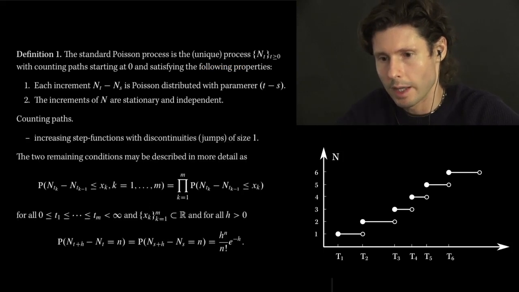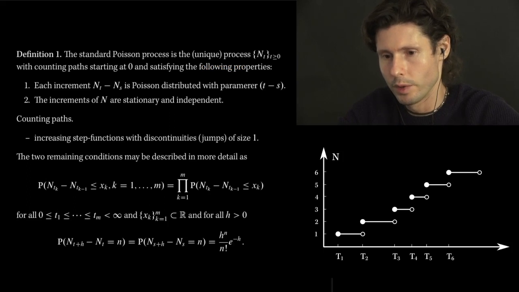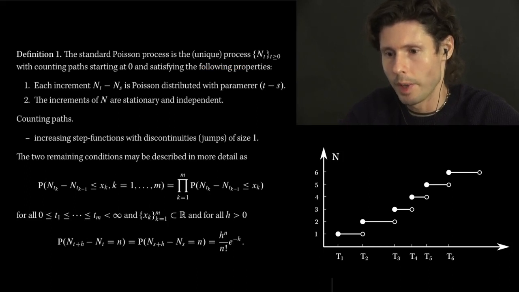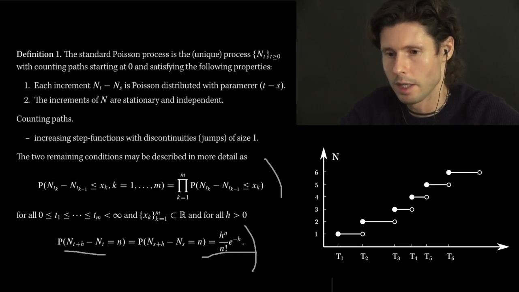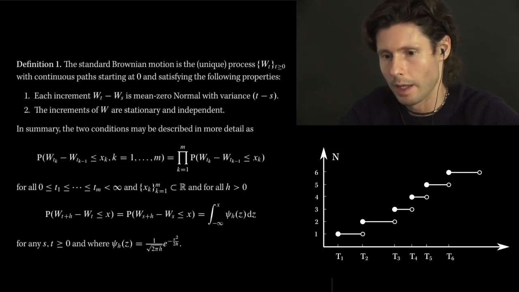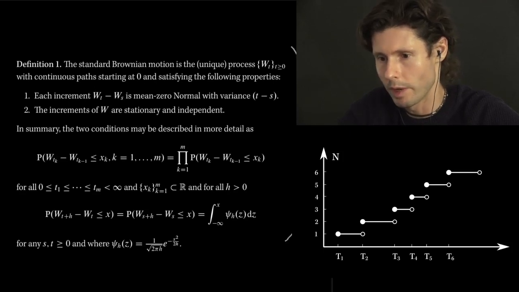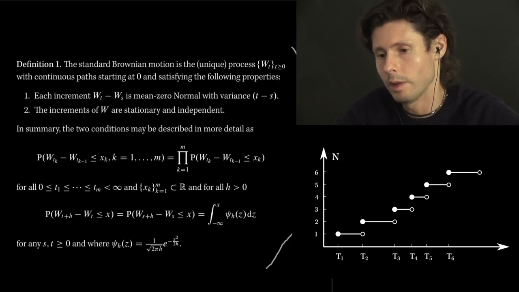Okay, so we're back at the definition here. This is just a review again. Independent increments, stationary increments, and increments that are Poisson distributed with the parameter determined by the length of the increment. And what I want to bring up here is that this looks remarkably like what we saw for the Brownian motion. The only exception, well, there are a couple of exceptions.